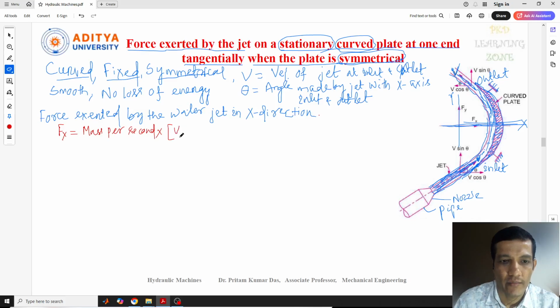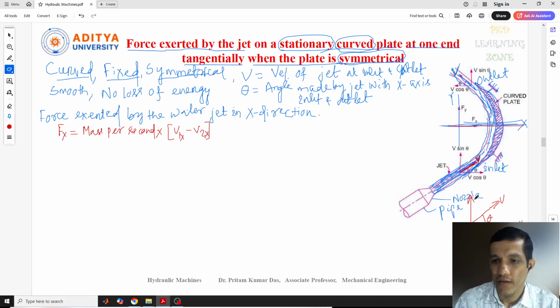So the change in velocity is nothing but v1 minus v2. Since we are considering the x direction, I'll write v1x and v2x. The fluid coming in at this point has velocity v, which is the inlet velocity, that means v1. But we are considering the force exerted by the jet in the x direction, so the velocity v makes an angle theta with respect to the x-axis, and along with it the y-axis.